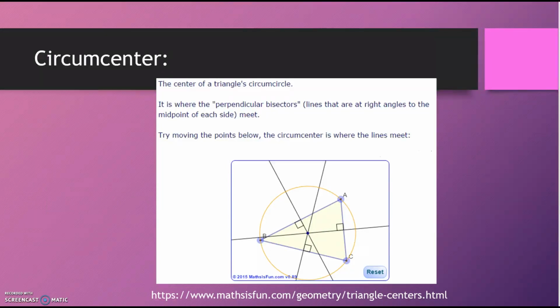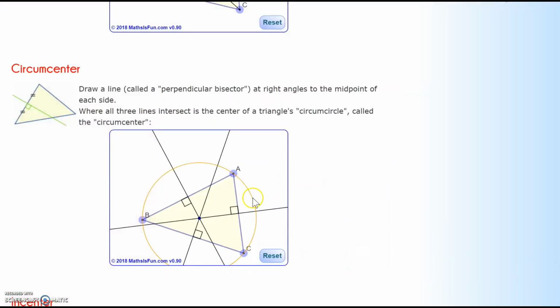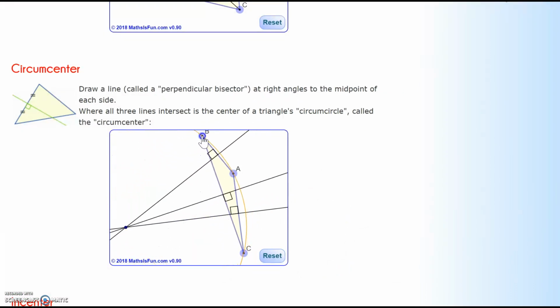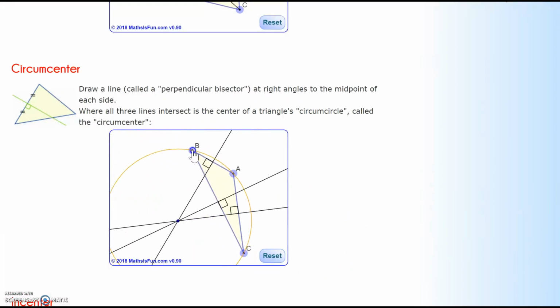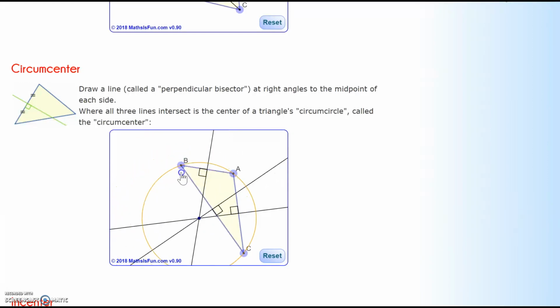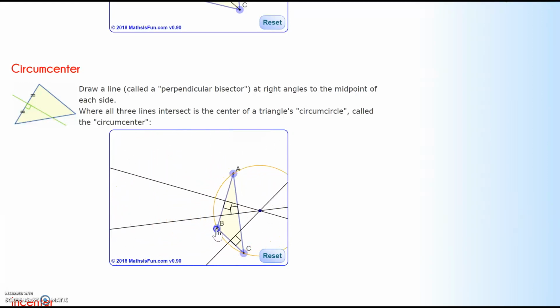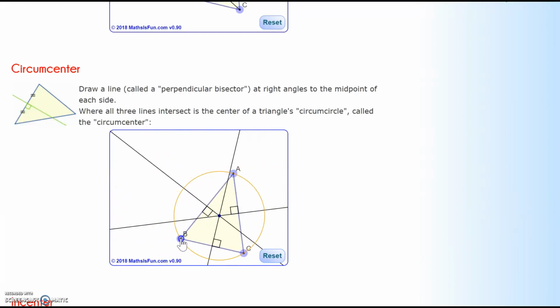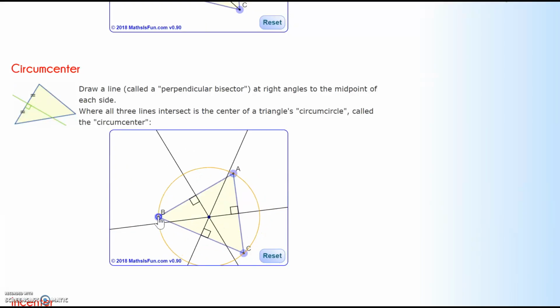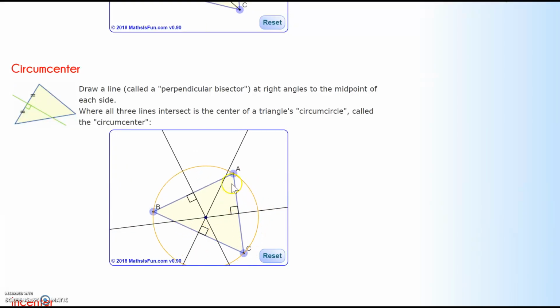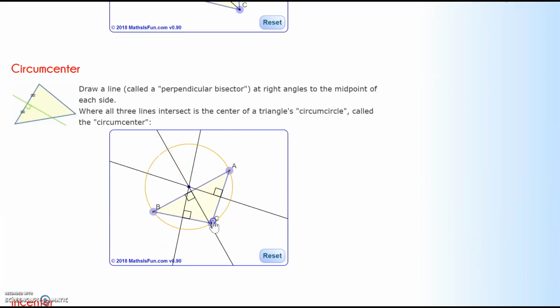So first, let's look at circumcenter. You can see here, when you move these angles, when it's an obtuse triangle, the circumcenter is outside. Sometimes it can be in the middle.